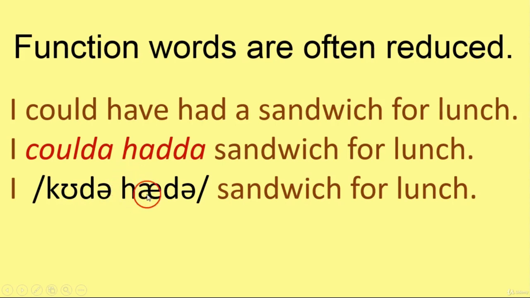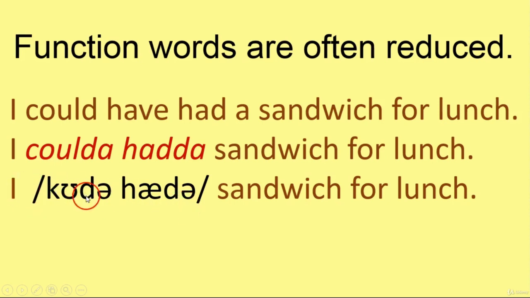We know the letter H. This symbol here, which looks like the letter A and E stuck to each other, is representing the sound ah, like in sandwich, and have, and had. The letter D, that's the same, like in dog, d. And then here's our schwa again. And so this would say coulda, hadda.